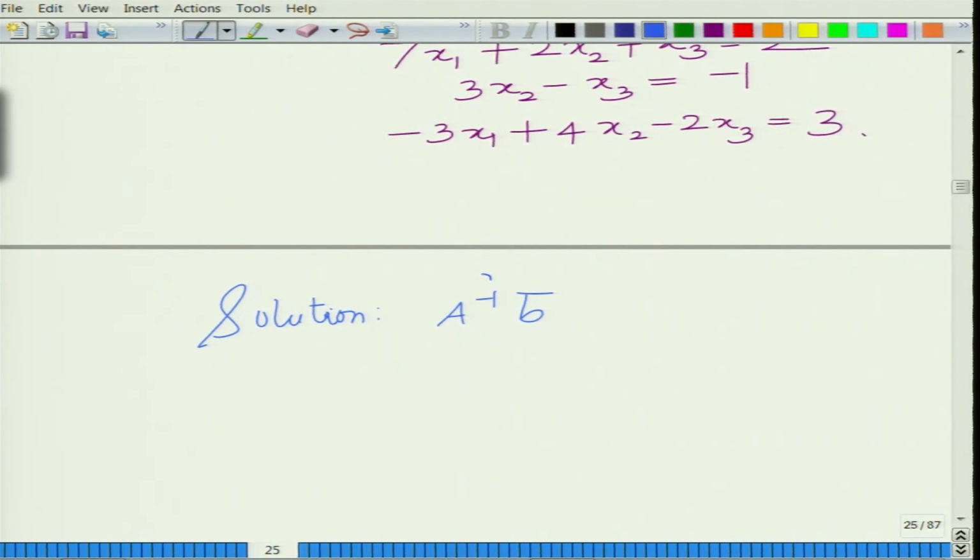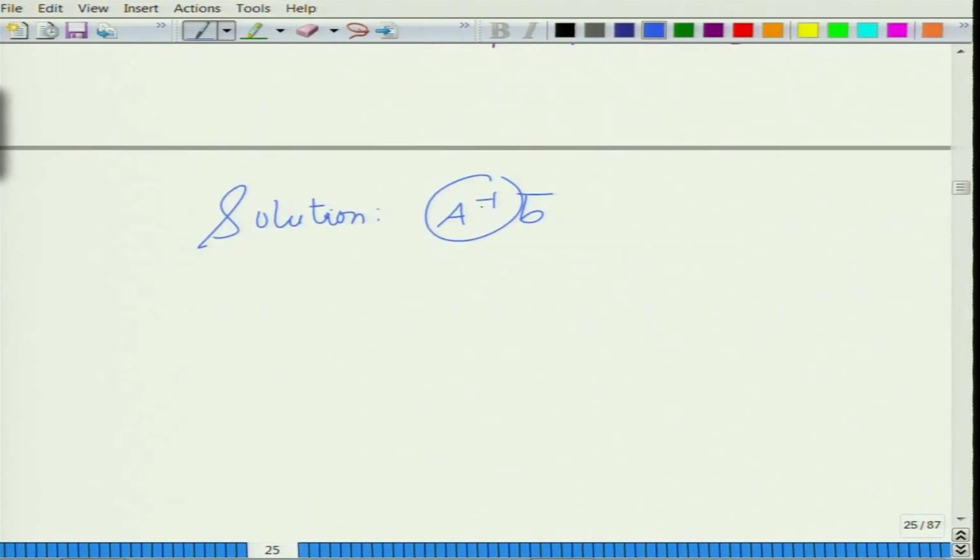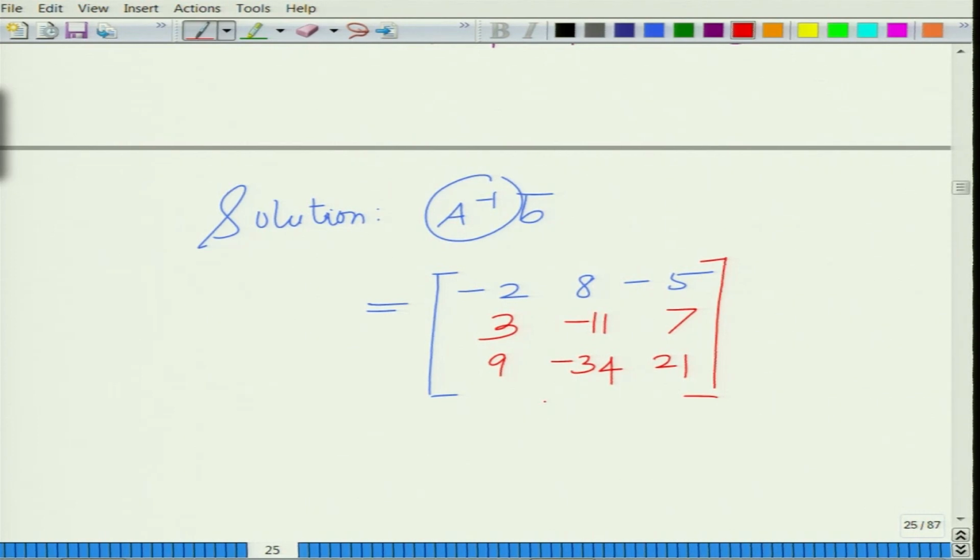If you remember, we have already calculated A inverse, and therefore, the solution is simply given as A inverse, which is essentially your matrix minus 2, 8, minus 5, 7, 9, minus 34, 21, right, times 2, minus 1, 3.